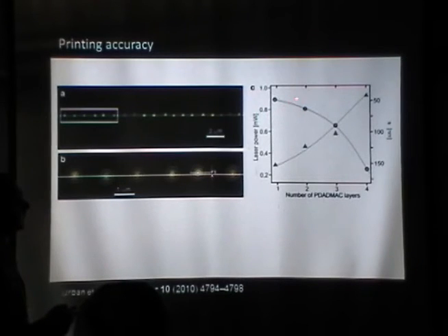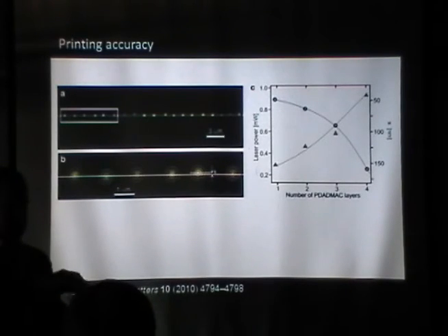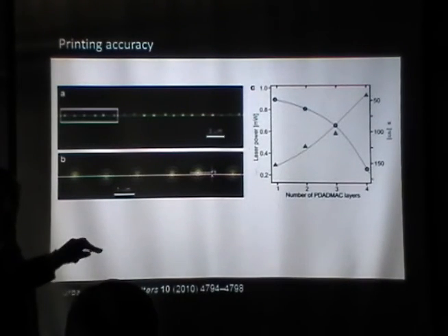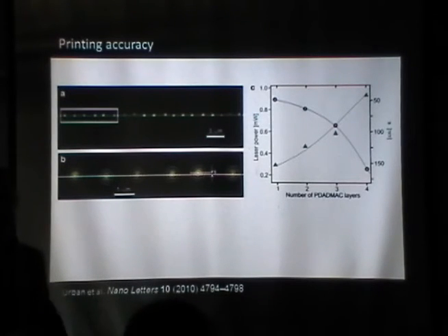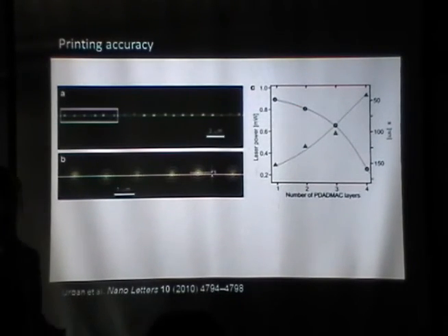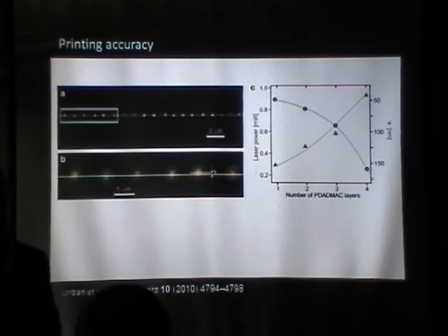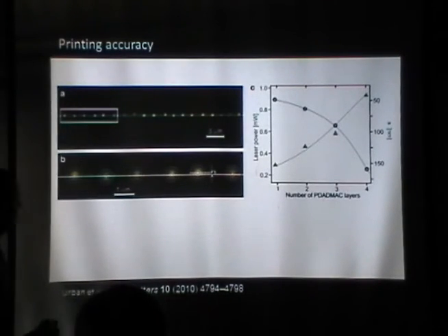And also to test if this mechanism was correct, we changed the substrate by adding more and more layers of polyelectrolyte to change the electrostatic barrier. We see that as we increase the number of layers, we need more laser power, so that means the electrostatic barrier is larger, and as we do that, the precision also becomes worse.